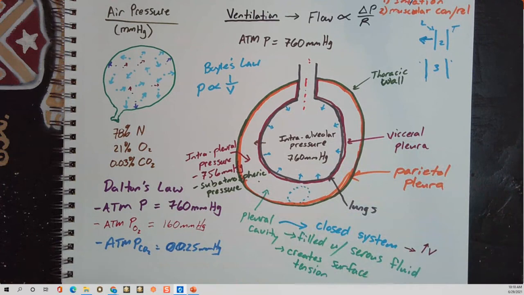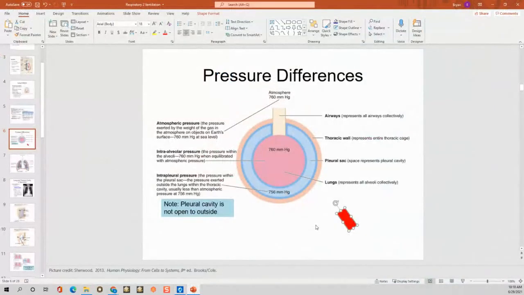What if that vacuum does get lost? So that's what we'll do. We'll come back here. All those same things that I just talked about, right? Where we got an intraalveolar pressure, an intrapleural pressure. So what would happen now if we create a hole right here that exposes the pleural cavity to the atmosphere around it?